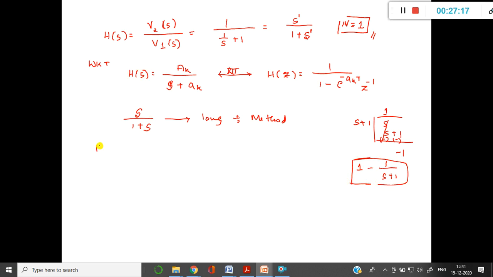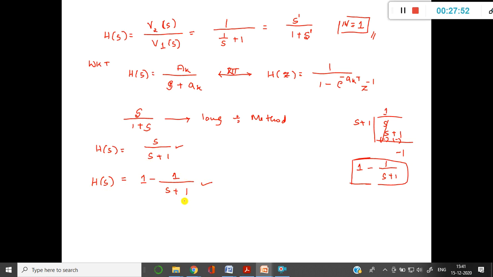Therefore I can write H(s) equal to s divided by s plus 1, and after the long division method I can rewrite this as 1 minus 1 divided by s plus 1. It was not a proper fraction, it is basically an improper fraction. Now I have it in terms of a proper fraction. Now this is the H(s) value.